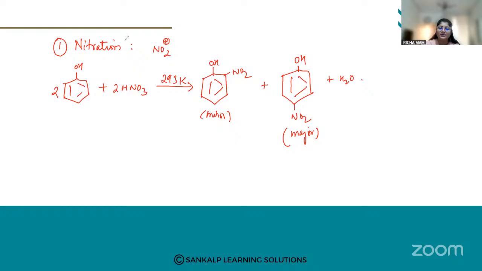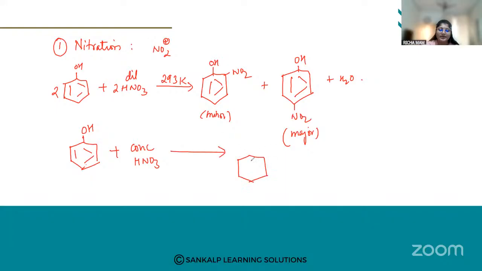Now if we use this phenol in the presence of concentrated HNO3, instead of dilute HNO3, it will give an ortho and para directed product at positions 2, 4 and 6.